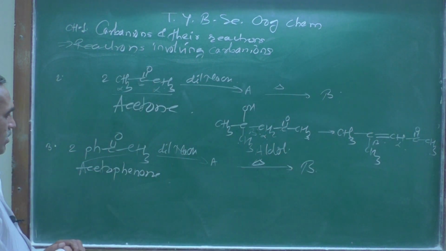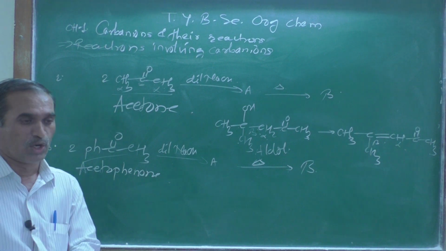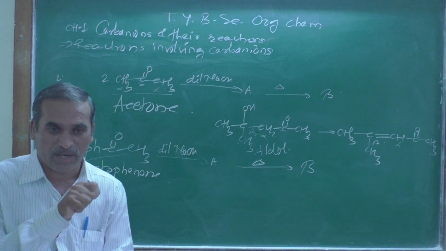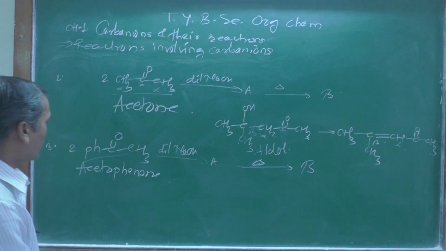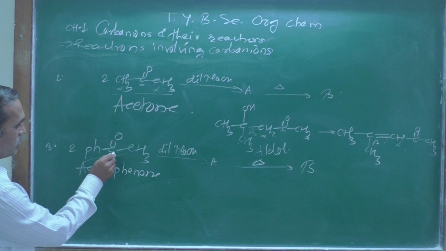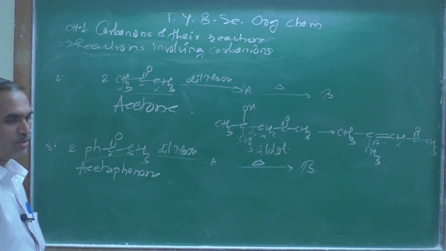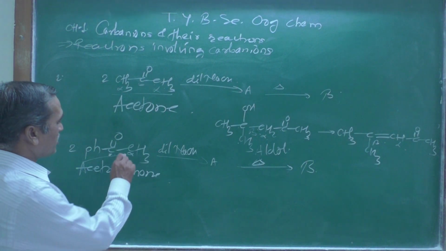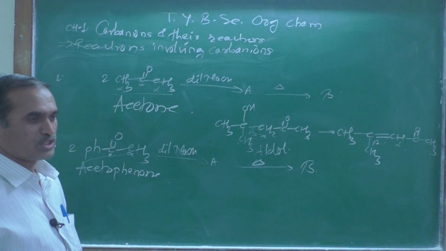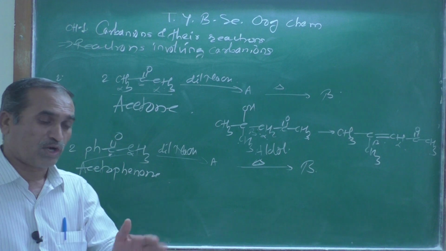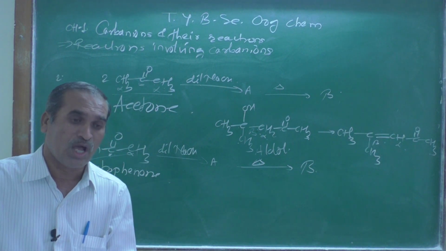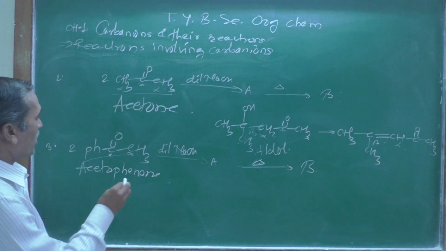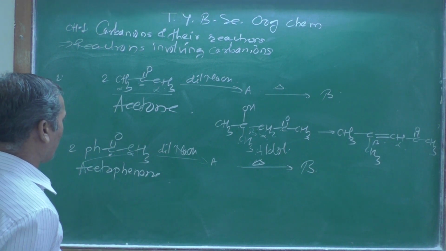Here just remember, first identify, first recognize, is there an alpha hydrogen atom present? Yes, there is an alpha hydrogen. This is a carbonyl group, and the carbon adjacent to the carbonyl carbon is known as the alpha carbon, and whatever hydrogen atoms that carbon carries are termed alpha hydrogen atoms.